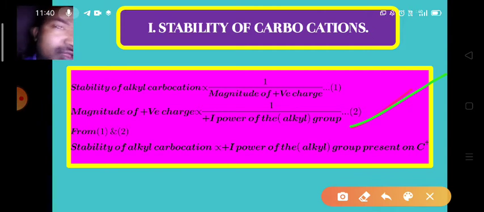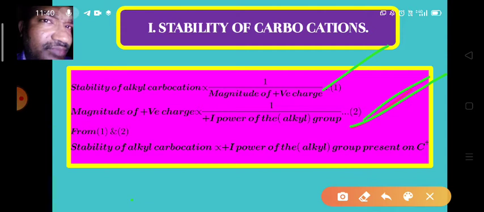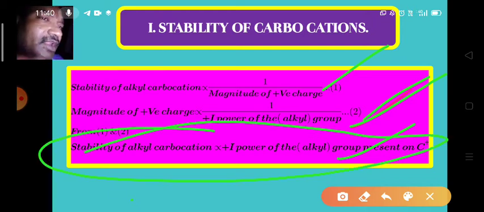So by keeping equation 1 and equation 2 in mind, if we club them, we get the third equation: stability of alkyl carbocation is directly proportional to the plus I power of the group present on the carbocation. That means if the number of plus I groups increases on the carbocation, stability also increases.